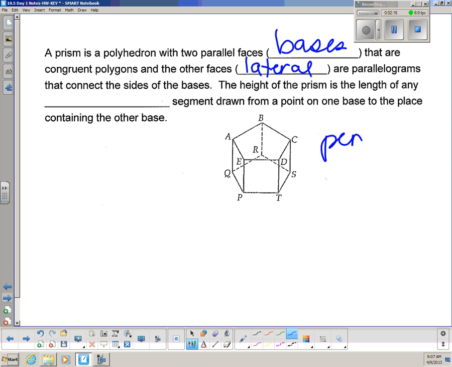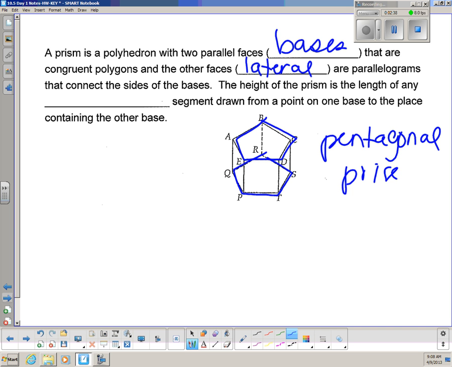And the reason why it's a pentagonal prism is that these 2 bottom bases are the shapes of pentagons.